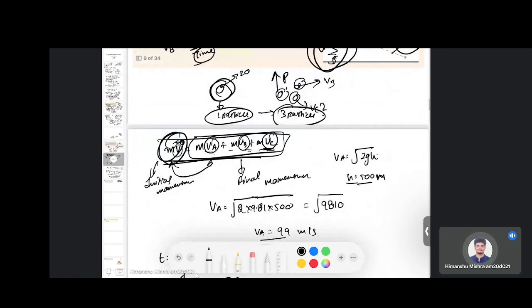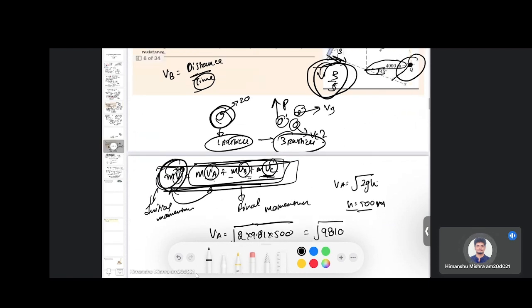So we use the concept of momentum conservation, where my initial momentum due to the particle of mass 20 kg is equal to my final momentum due to the 3 particles after the split, which is given by this relation here.